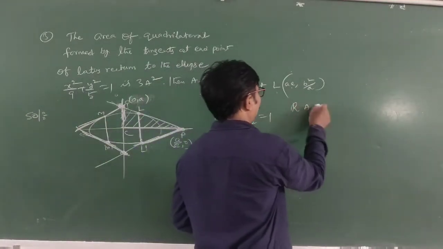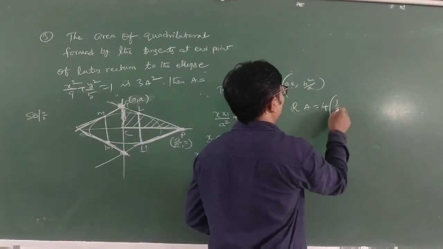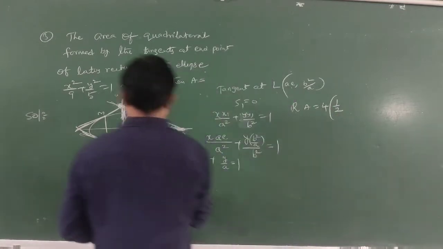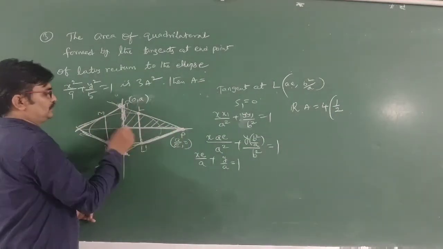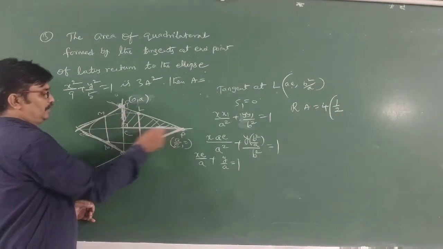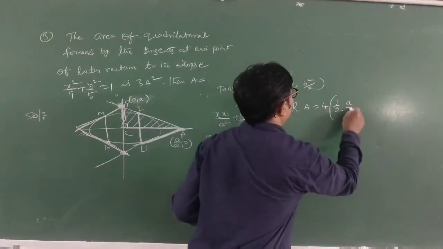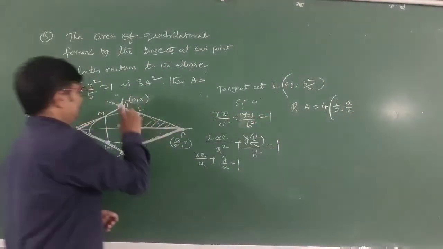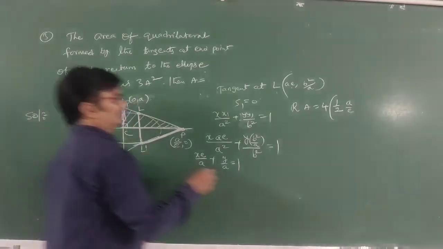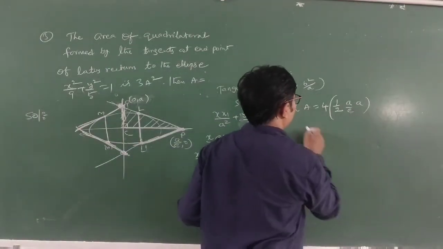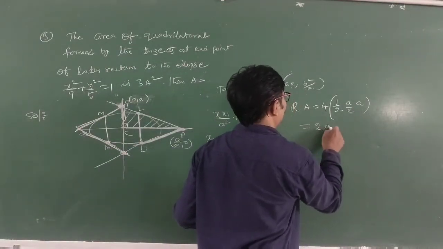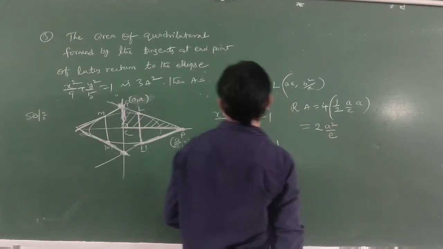My dear students, the required area is 4 times half of the area of triangle PCQ. Half base: base is a by e. Height is a. This is twice into a square by e.